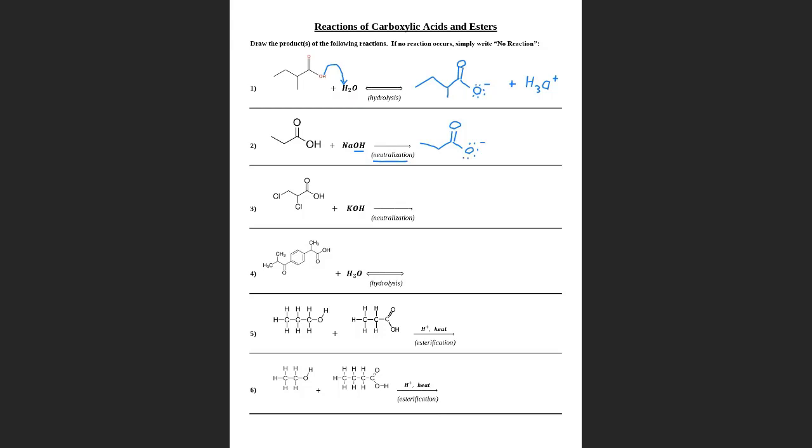The only difference is a lot of times, since you have that sodium ion, that Na is going to be a positive charge, so it's going to go with that deprotonated carboxylic acid in the form of a salt. But then you'll also get water because the OH from the NaOH and the H from the acid come together to form water, and then the sodium just sticks itself to that carboxylic acid. Does that make sense?